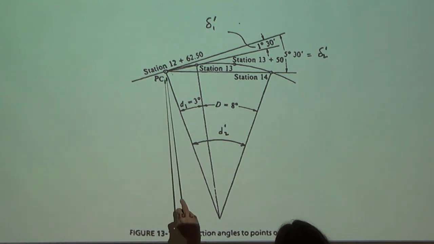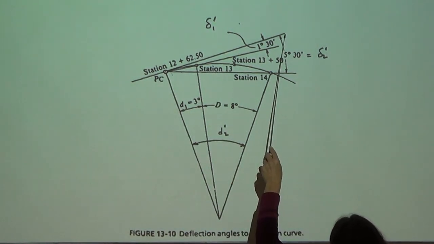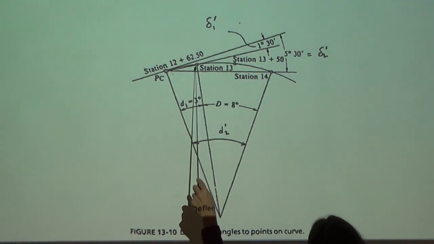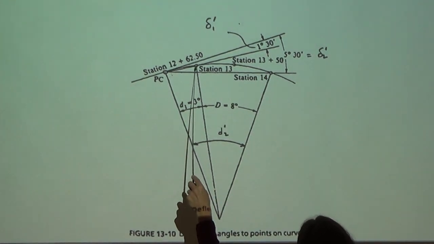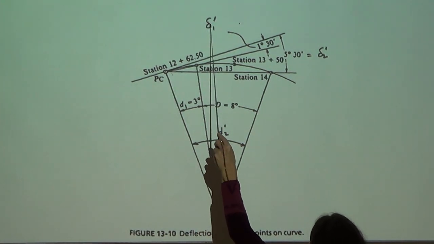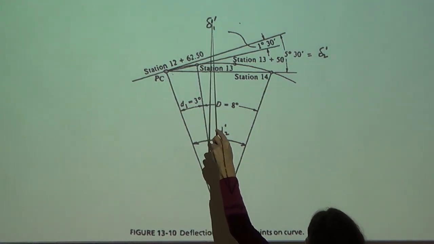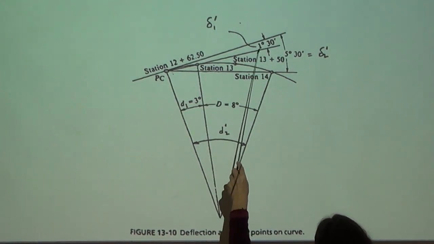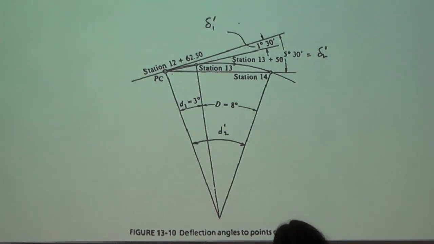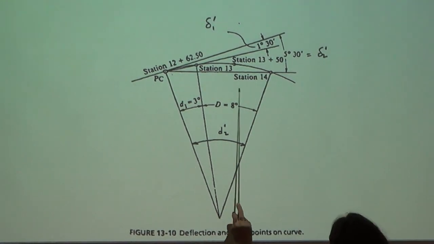So that means when I'm at the PC and I'm sighting the PI, and I turn an angle to find the second station, the chord, it's going to be lowercase delta. Lowercase delta, it's half of 3. Let's look at this big thing now.